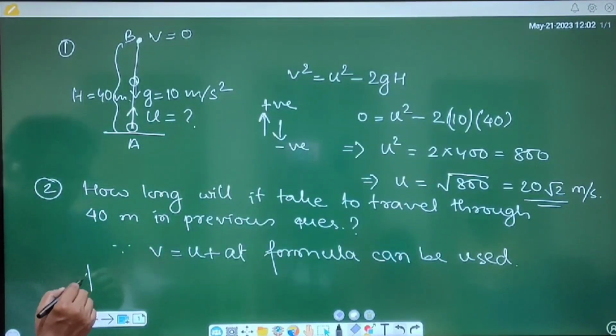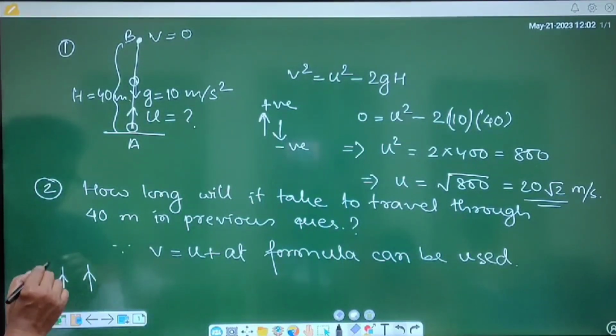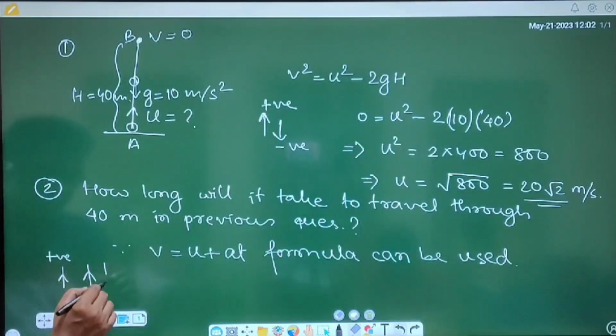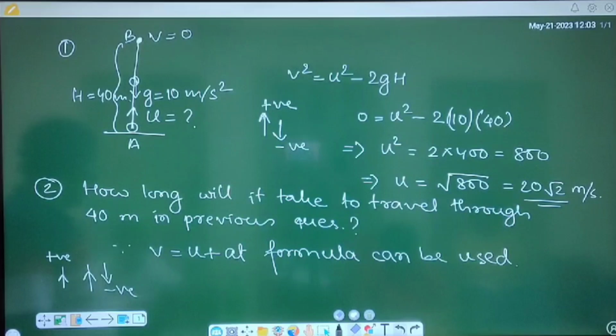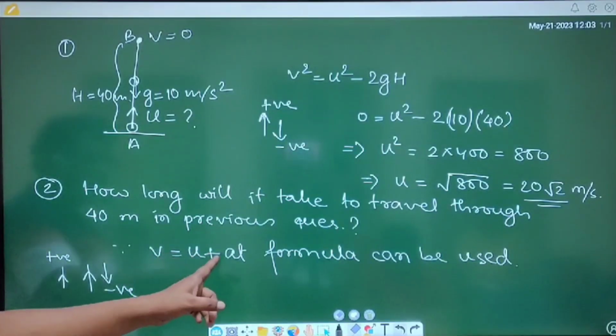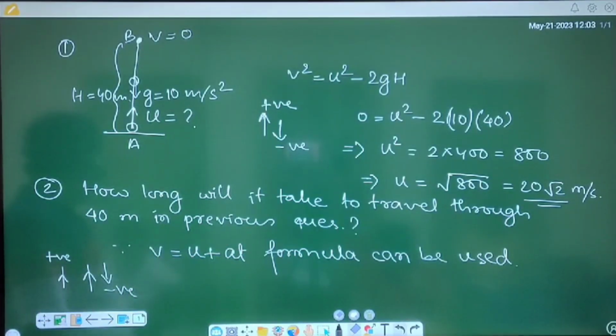As the particle is moving upward, if I take upward as the positive direction, then anything appearing downward will be negative. So which one is acting downward?